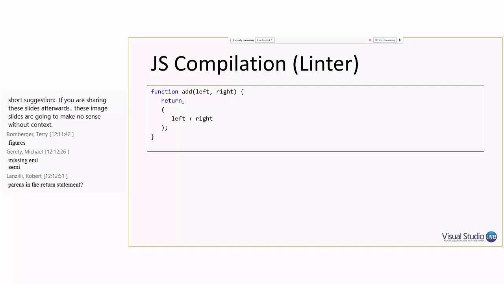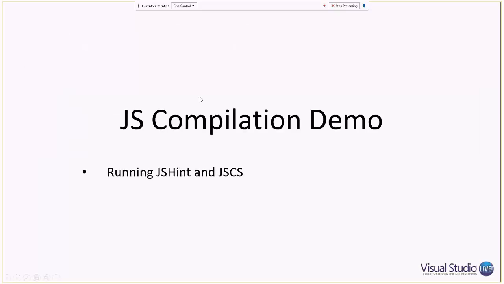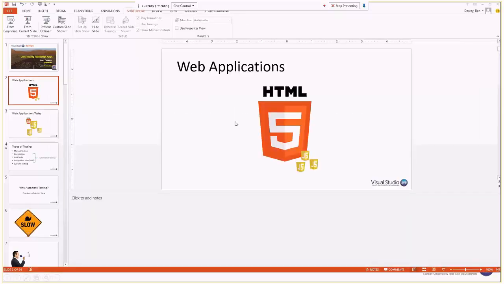It'll automatically add a semicolon to the end of this return statement, and this code will then never get reached. So it's going to return undefined rather than actually returning the proper result. So this is something that's great for JS compilation or JSLint to come up with. Actually, all the unit tests would come up with the same error. But we'll run over to Visual Studio here and show this in action, right?